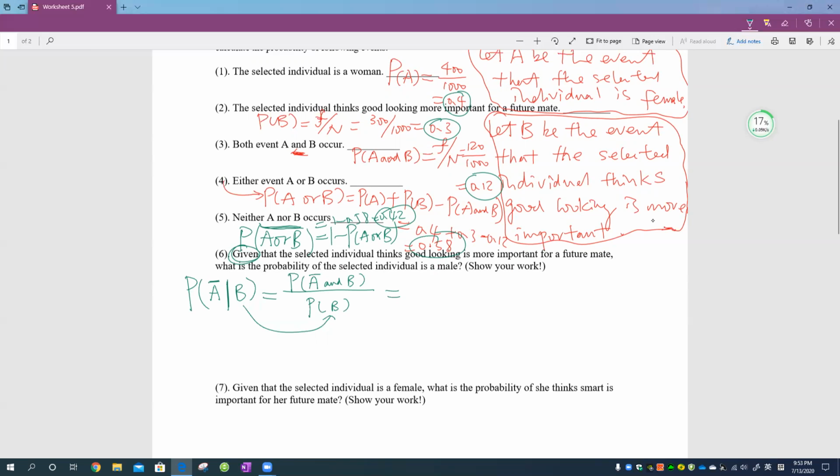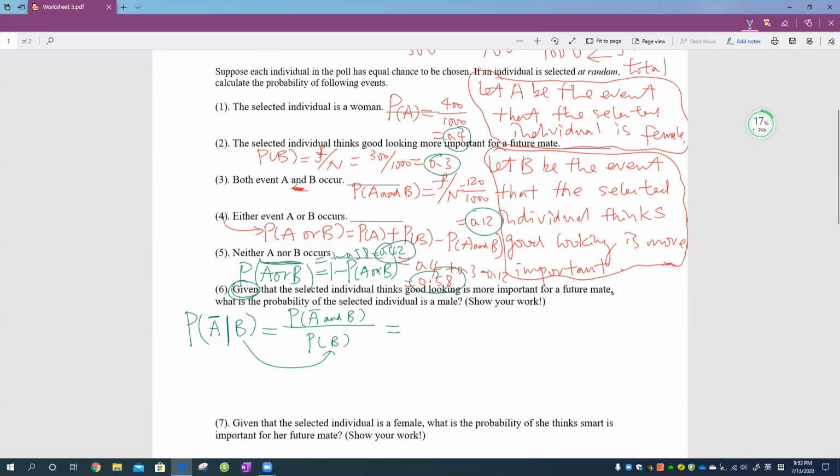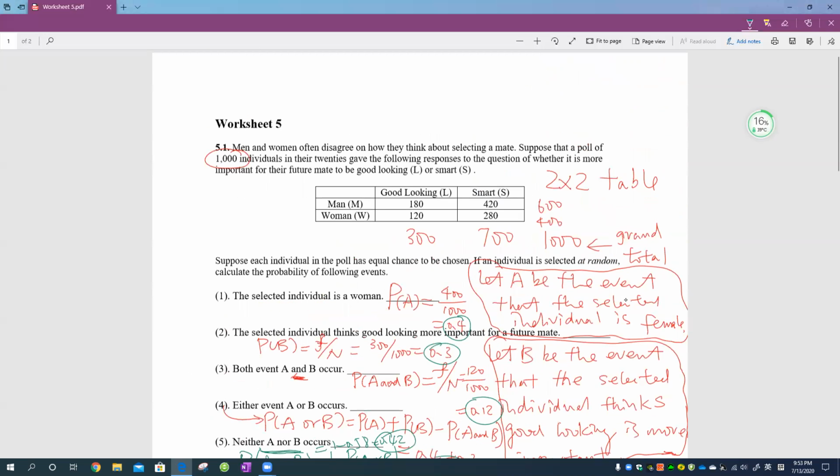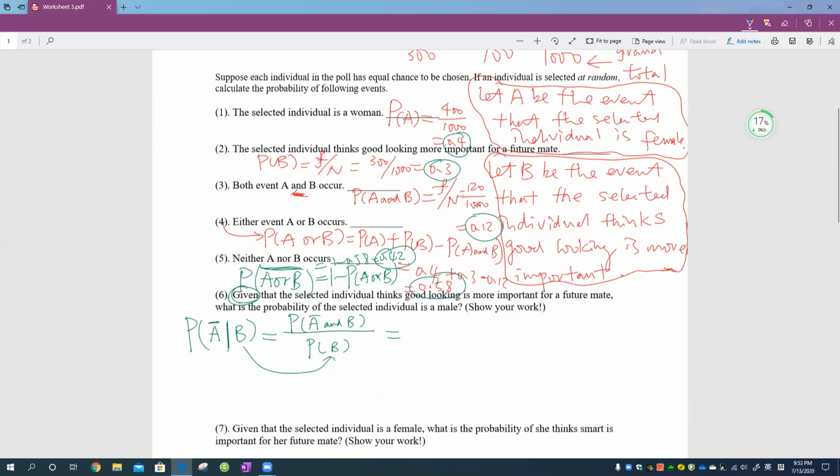Then for probability of A bar and B, let's look at A bar. So we want to look at male who think good looking is more important. So I have male good looking. We have 180 as the count. So that's the F, divided by the grand total, which is 1000.